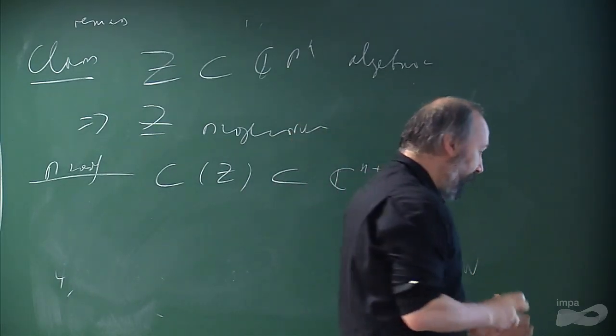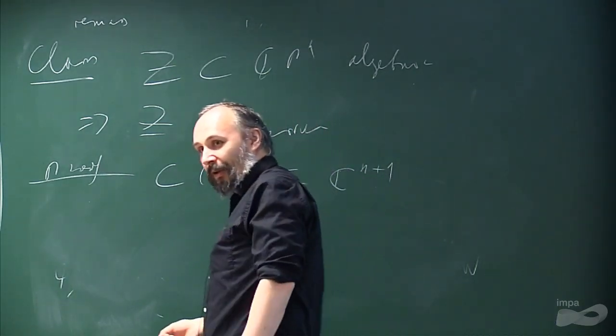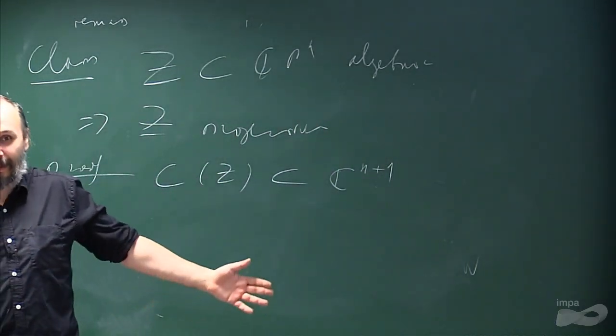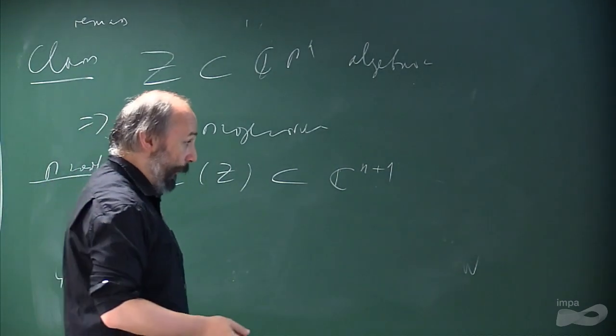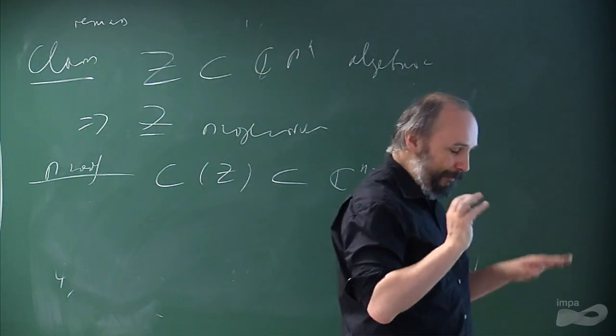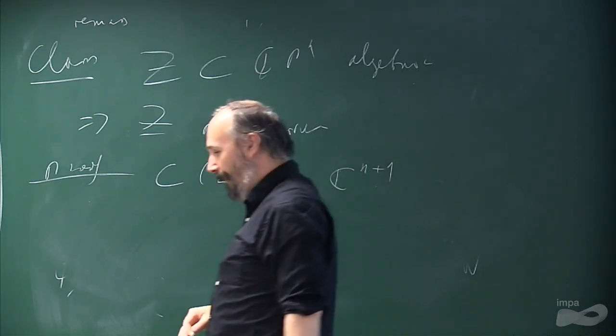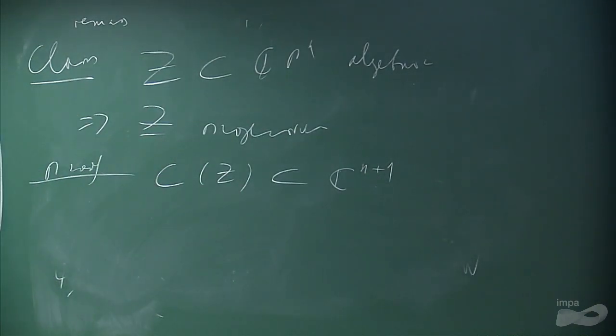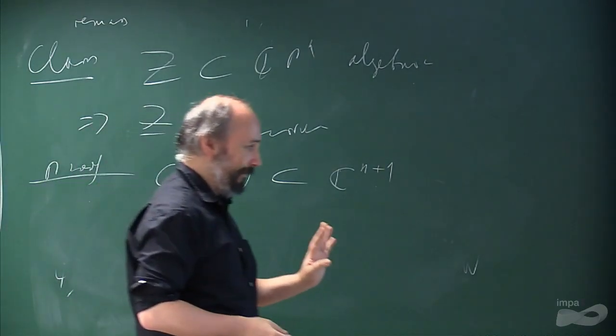Algebraic means that it is locally defined by equations. You need to prove that it is globally defined by equations, then you are done. How do you do that? Well, we already had it. If you remember, we had this proof that if your function is locally in Zariski topology regular, it's globally regular. Here you have the same.